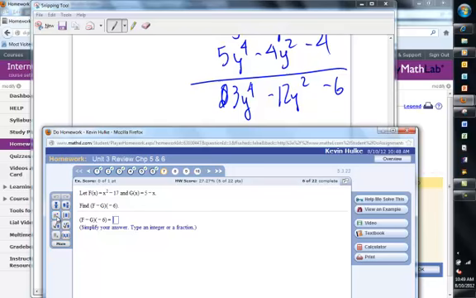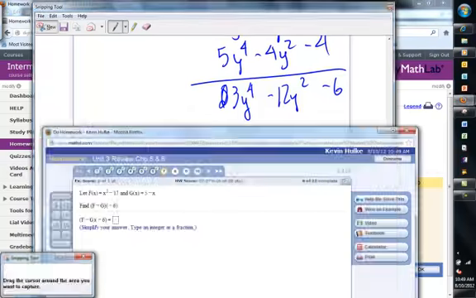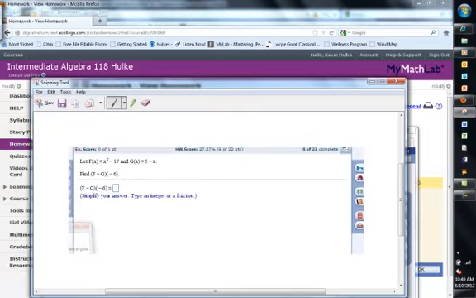Number 7. Composite function. Okay, so we're going to subtract the two functions, and we're going to take x squared minus 17, minus 5 minus x.